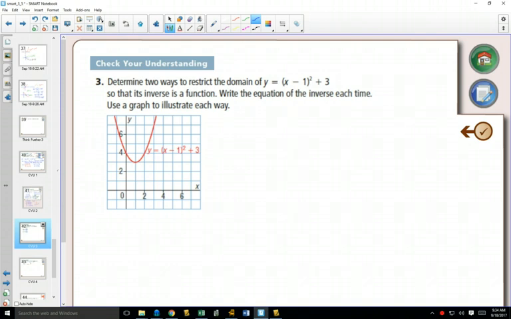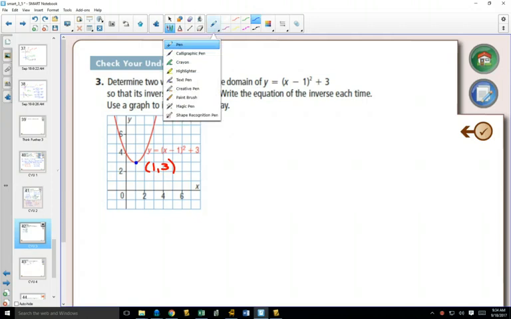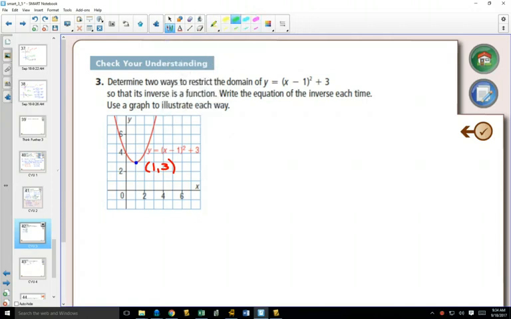If you think about where your vertex is, so our vertex is right here at 1, 3. Can you see that everything to the right of 1, 3, if I color that, I'll use a highlighter, I'll highlight in green on this side.